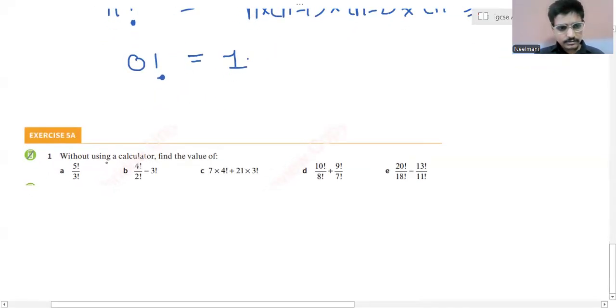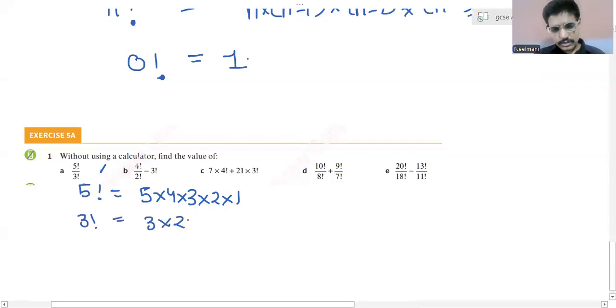What is 5 factorial here? 5 factorial is basically 5 into 4 into 3 into 2 into 1, correct? What is 3 factorial? It's actually 3 into 2 into 1. If I go on dividing both of these, 3 into 2 into 1 and 3 into 2 into 1 will get cancelled.